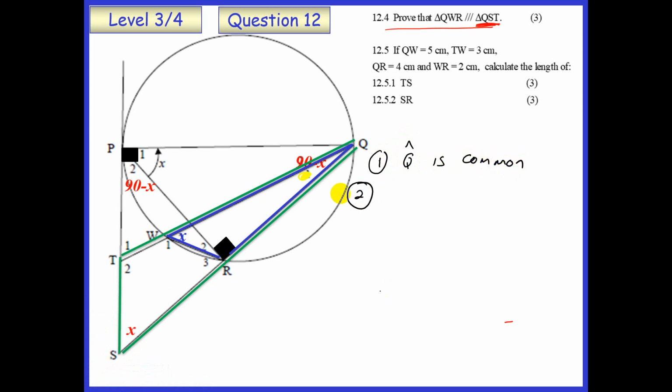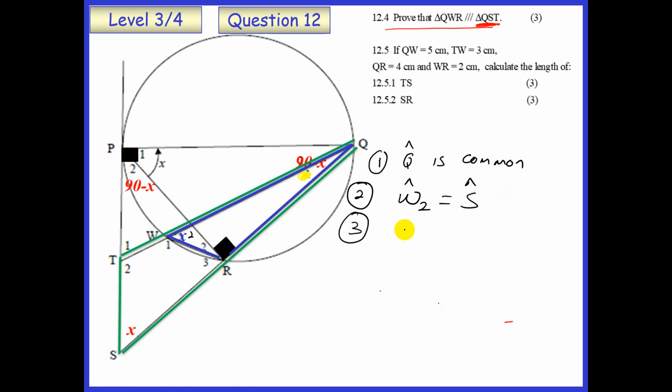And if you're looking at number two, we've already proven that angle W in the blue triangle, and I think we call it W2, so just make sure we're calling it W2, will be equal to angle S, which we proved in the previous question, so you can say proved above.